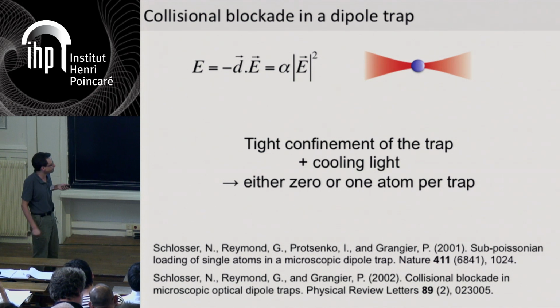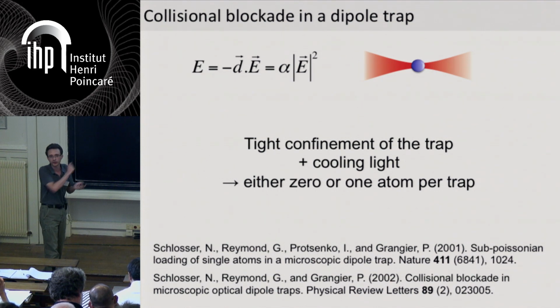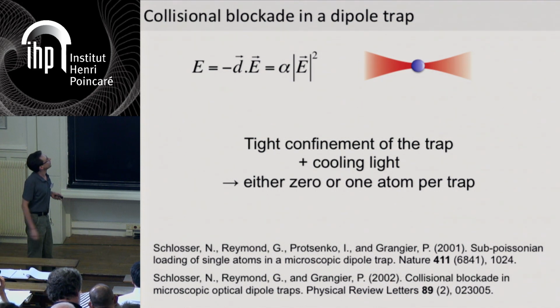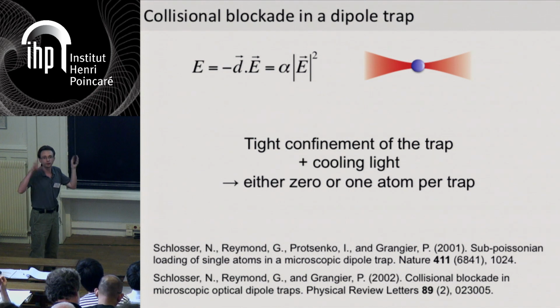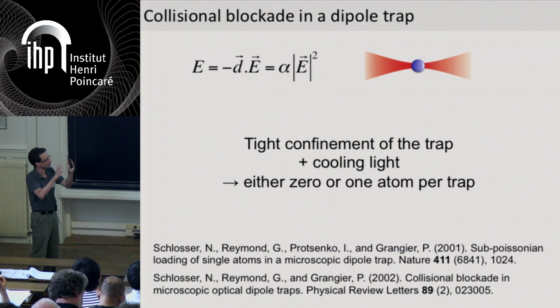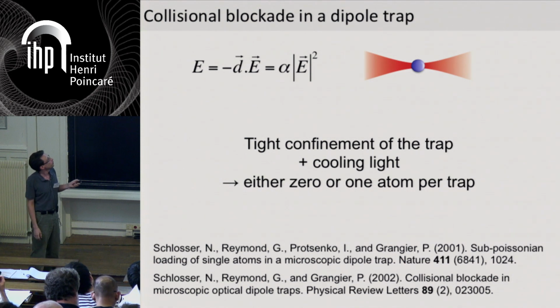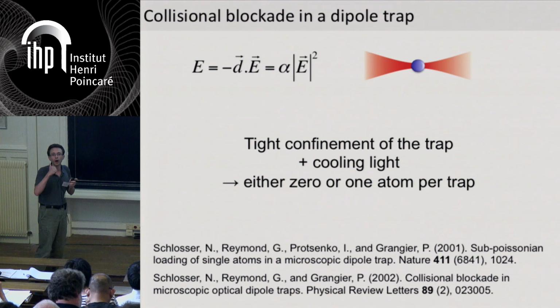And it was demonstrated in seminal experiments by the group of Philippe Grangier in 2001 that when you load this optical tweezer from an optical molasses, so a sample of cold atoms as I have described before, you can put yourself in a regime where there can be at most one atom per trap.